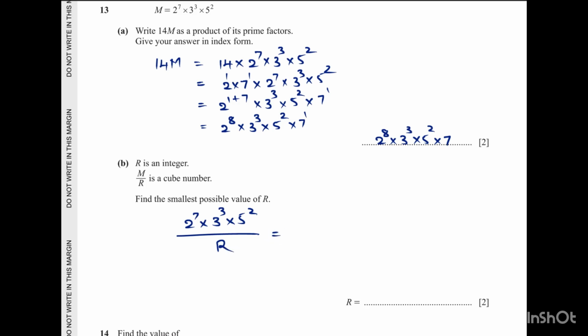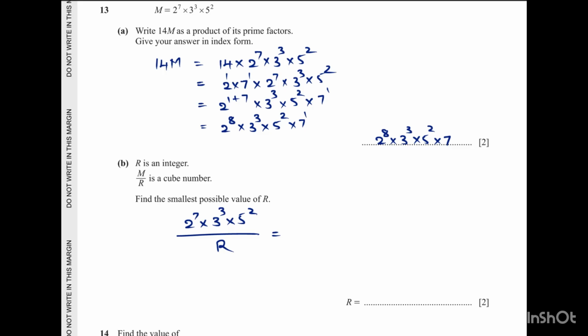So now to get a cube number, the number should be divided. r is dividing here, not multiplying. So we have to divide the above index form with this number r. To make a cube number with the smallest r, I need to take away one 2, and also take away this 5 squared.